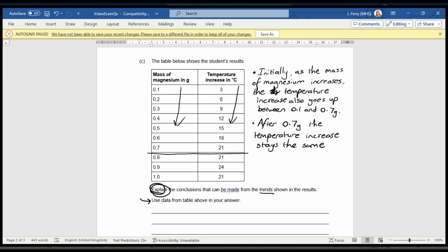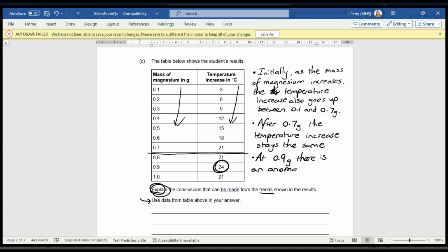I said after 0.7 grams, the temperature increase stays the same, but that's not quite the same. I think that that's an error in the experiment. I think that that's an anomaly. So at 0.9 grams, there is an anomaly.